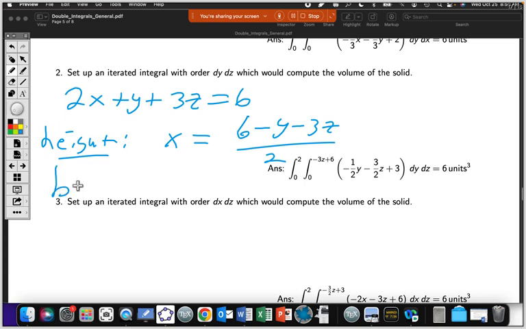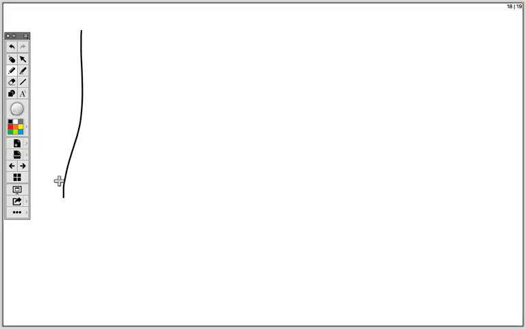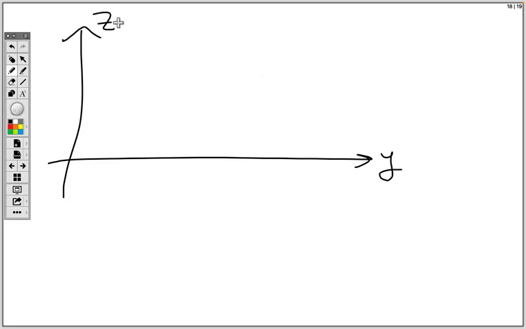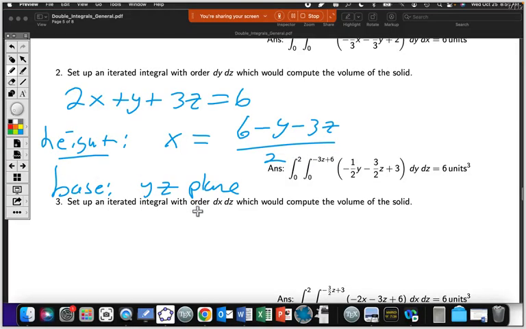So to figure out the base, I'd have to project this thing into the yz plane. So we'll look at the yz plane. And I can pretty much do the same sorts of things we did earlier. If I'm projecting into the yz plane, the x would be 0. If I plug in x equals 0, that gives us the yz trace.